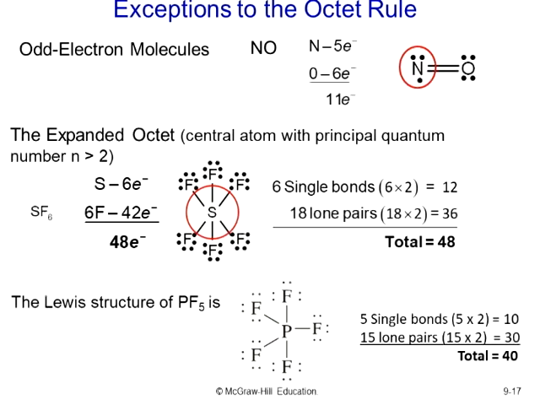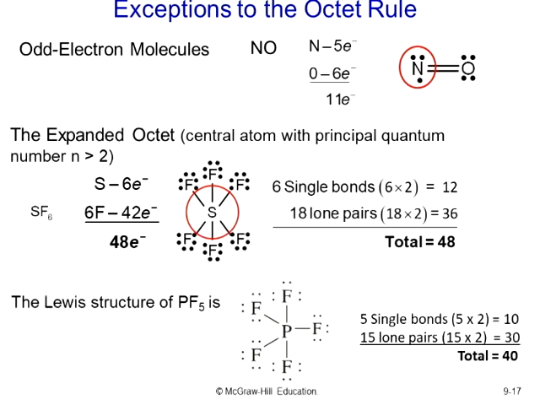Note that in the case of sulfur, sulfur is located in group 16 and therefore has 6 valence electrons, and in its expanded octet format, it still has the 6 electrons associated with it as a central atom.